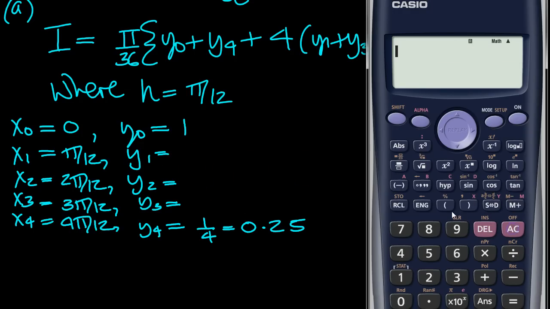So cos of pi over 12, divided by 12, and we want to square that. So I'm going to put a bracket around all of that before I square it. And then just square that. That gives 0.933012.